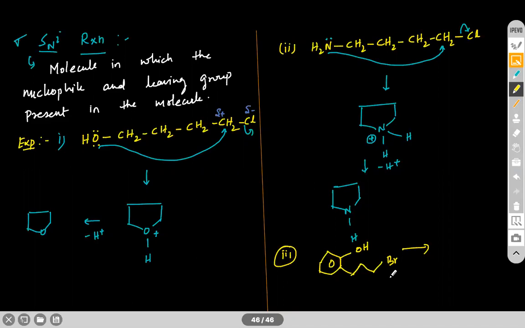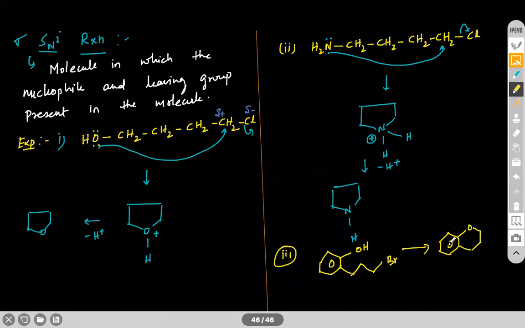So a six-member ring will be formed along with O in the ring attached to the benzene one. Okay, so we have this compound. The benzene ring will be as it is, and we get a six-member ring, and this OH, oxygen, is present in the ring.